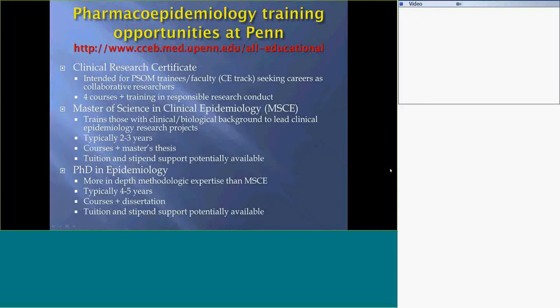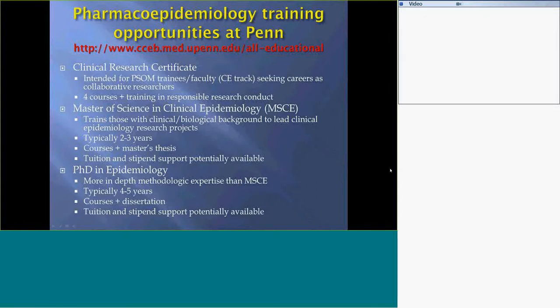Another comment, could you comment more about the dangers or benefits of propensity score adjustment, and what about instrumental variables? Right, so I'll talk a little bit about this in the session next week. Again, the goal in these types of studies is to minimize confounding by indication. That is, to make the 2 groups, or more than 2 groups, under study balanced in terms of baseline covariates, such that you can approximate a randomized controlled trial, although you never quite get there.